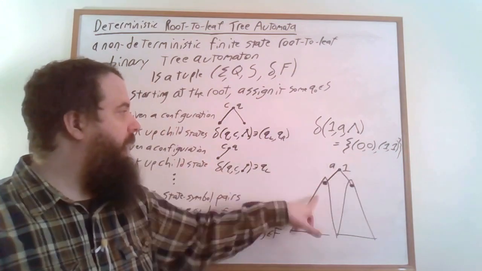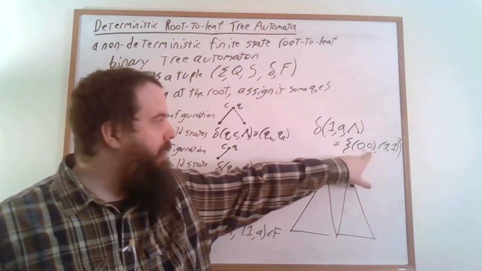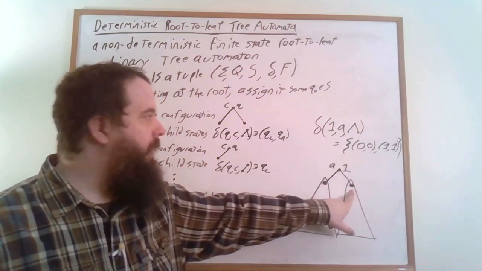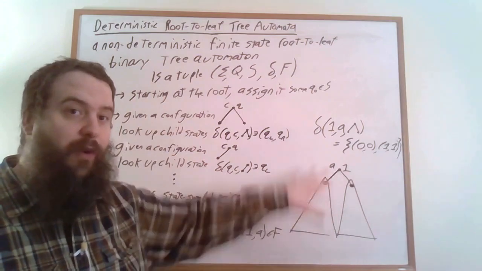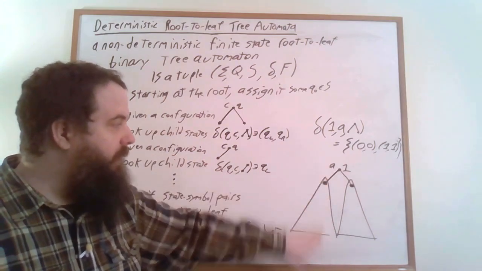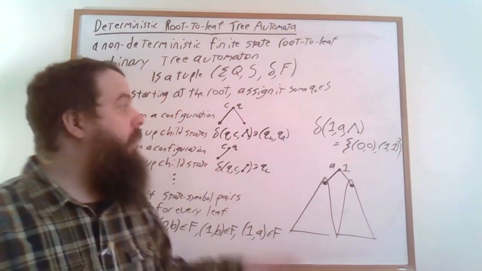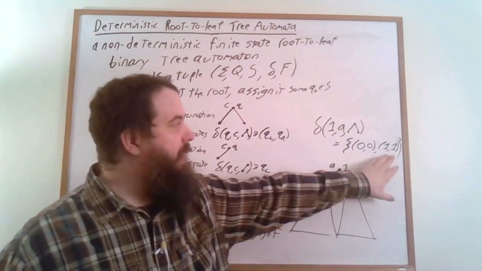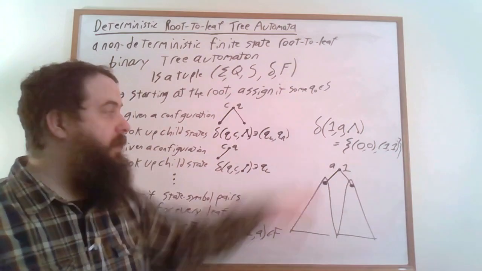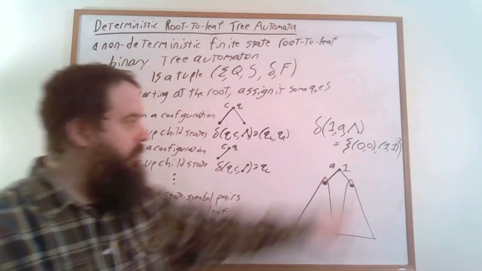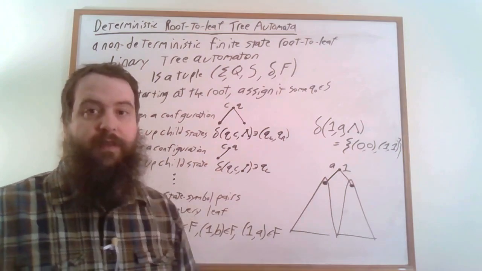Could either be the case that the left child gets state 0 and the right child gets state 0, indicating that we're hoping for an even number of A's in this subtree and an even number of A's in this subtree, or both of the children get the state 1, indicating that we're hoping for an odd number of A's in this subtree and an odd number of A's in this subtree.